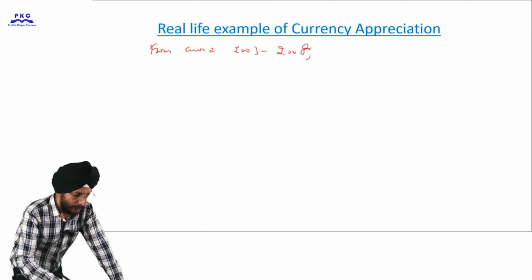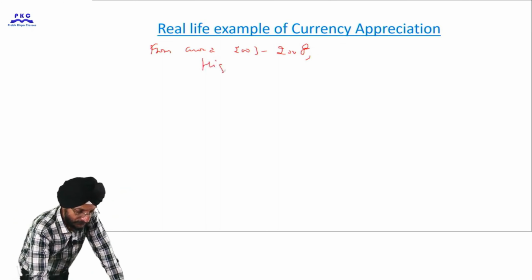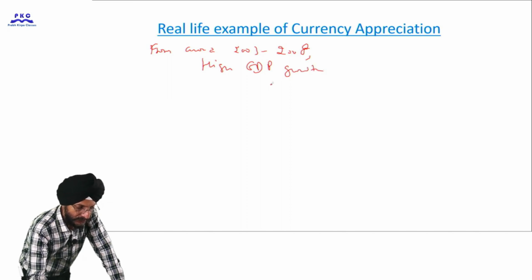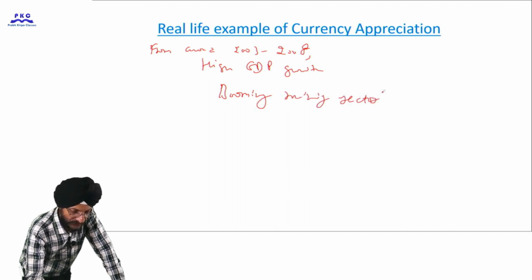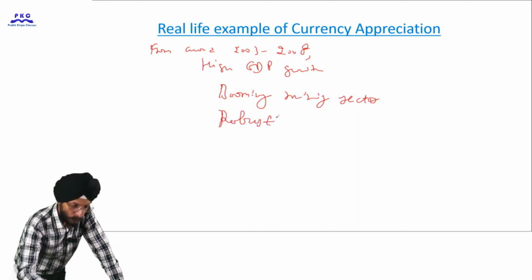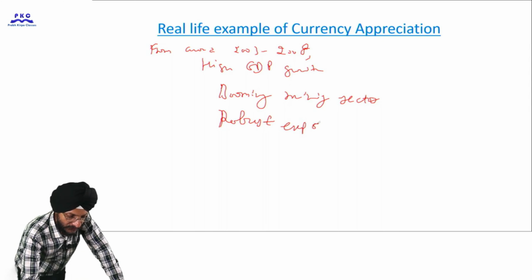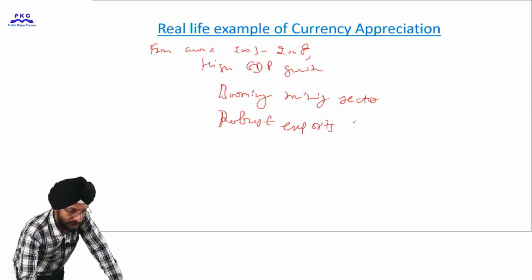Why? Because there was high GDP growth, there was a booming mining sector, and there were robust exports. That is, good exports, in good quantity. The exports were of coal and iron ore.